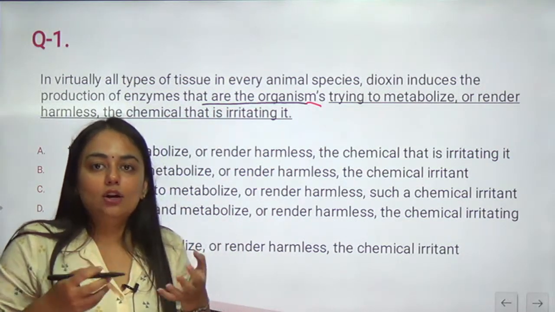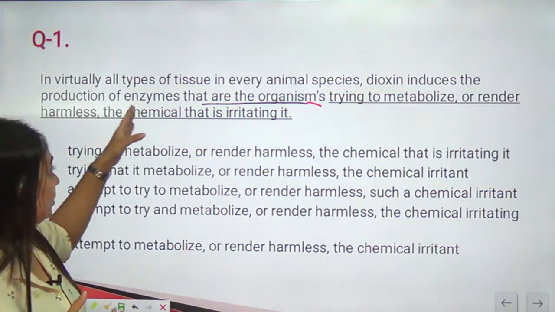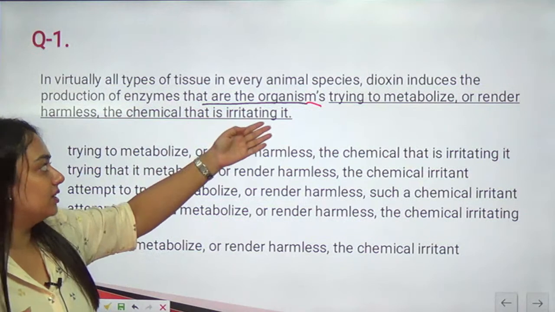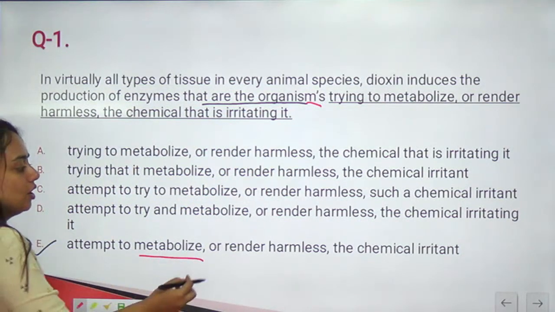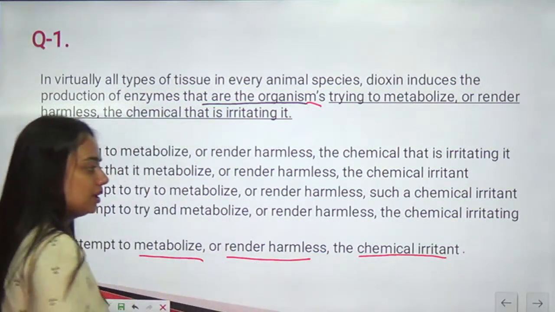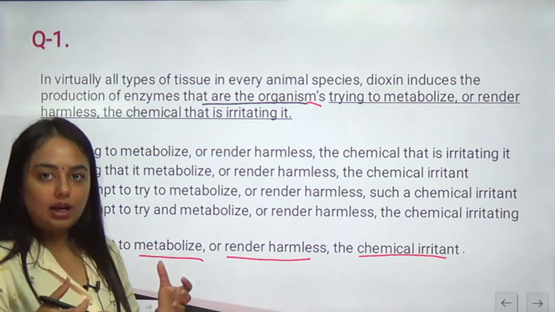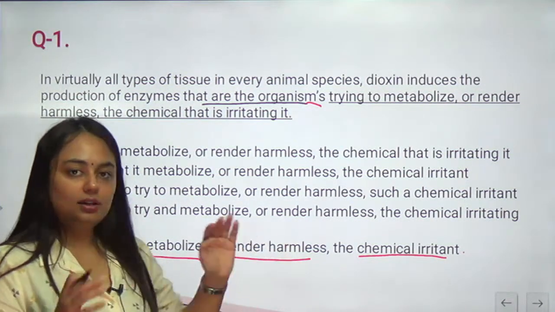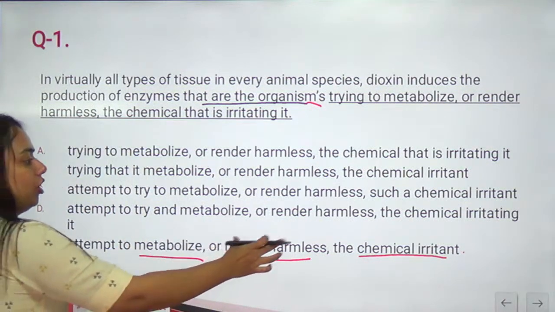Why do these organisms produce this enzyme? Because it is the organism's attempt to metabolize or render harmless the chemical irritant. So whatever chemical irritant it has in its body, it either wants to metabolize it or render it harmless. Right? So here we have maintained all the three structure.